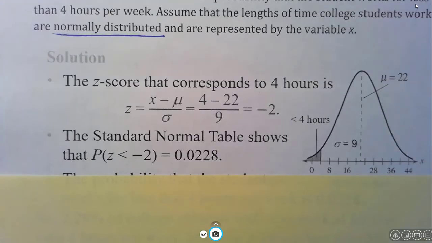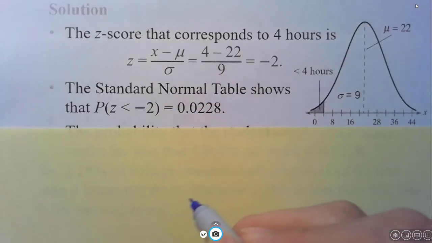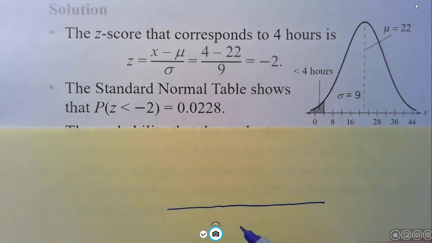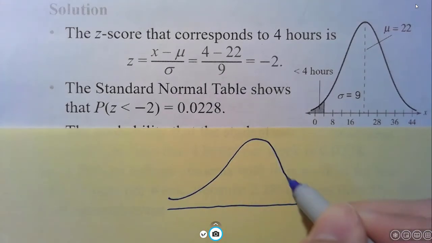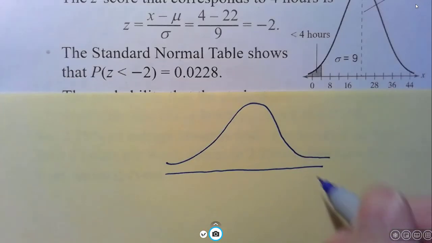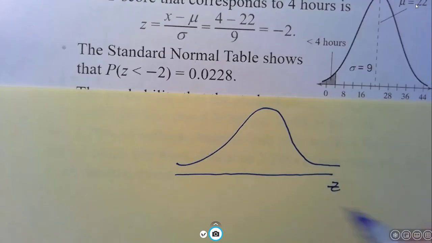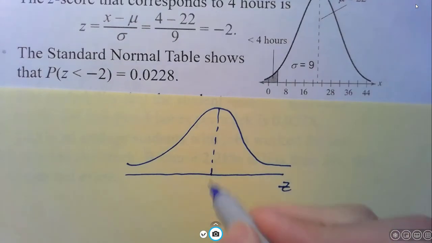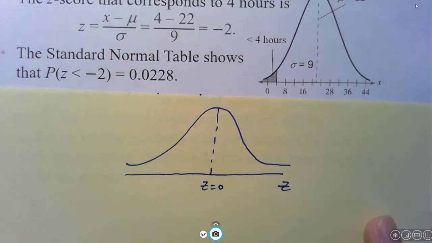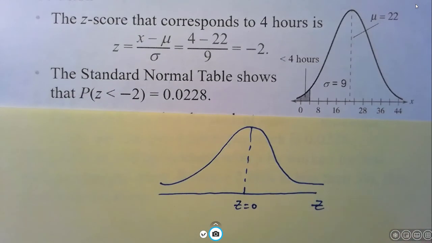Looking at it this way, we have the normal curve and the z-scale. The z is 0 at the center when we convert back to the z-score.